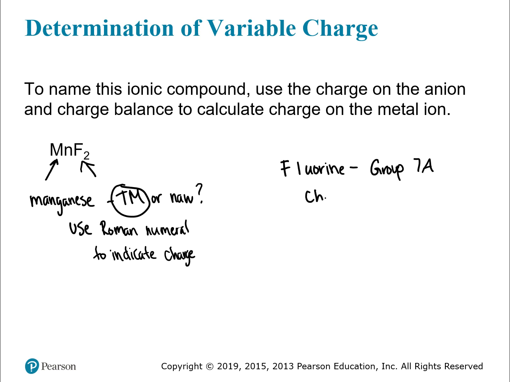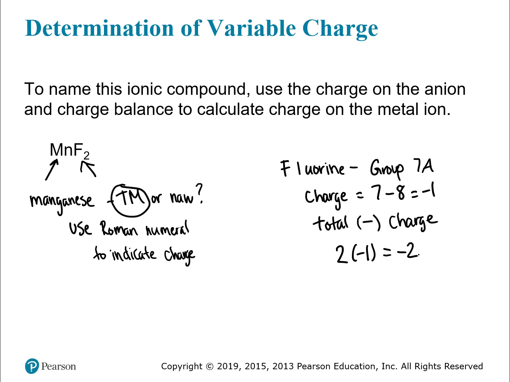Remember, you can figure out the charge of that fluorine really easily. You take the group number and subtract 8. So that's -1. The total negative charge, though, we have 2 of these ions. So our total negative charge is -2.